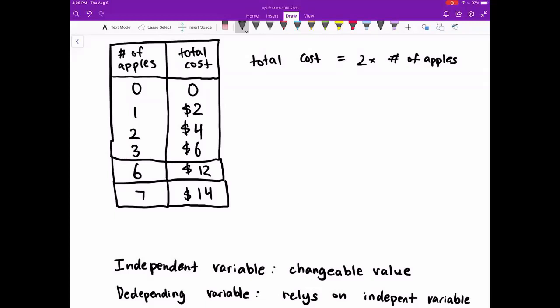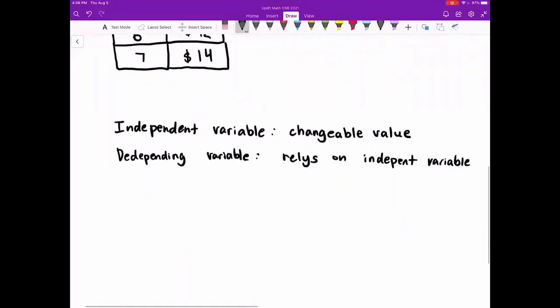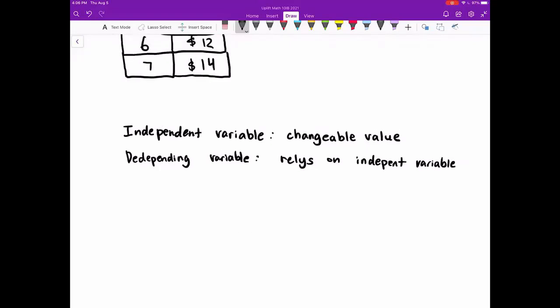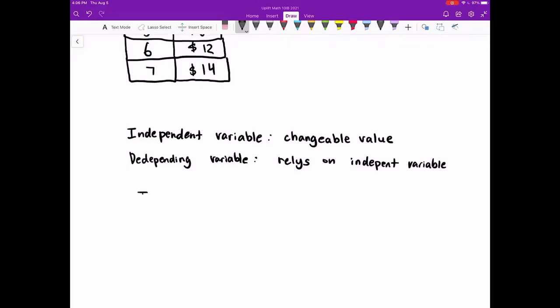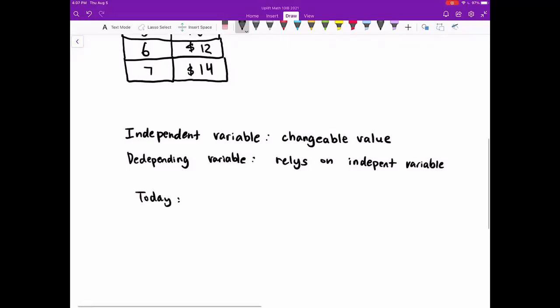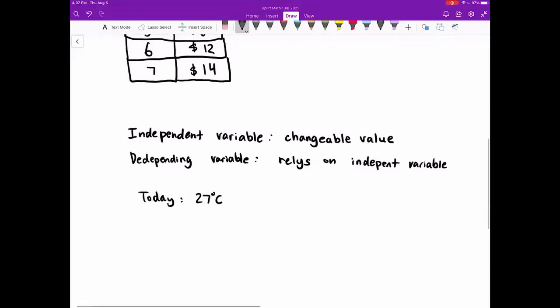Another example of this would be the weather today. For example, if today the temperature was around 27 degrees Celsius, you would say that the 27 Celsius relies on what day it is today. Yesterday, it probably would not have been 27 degrees.